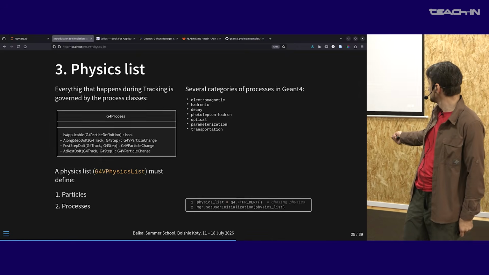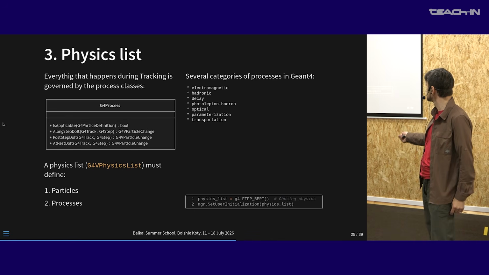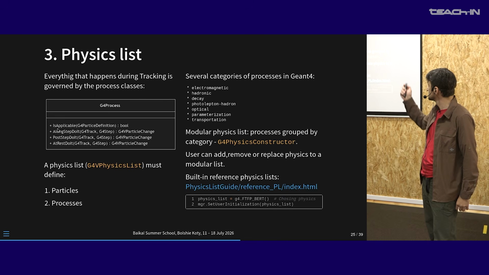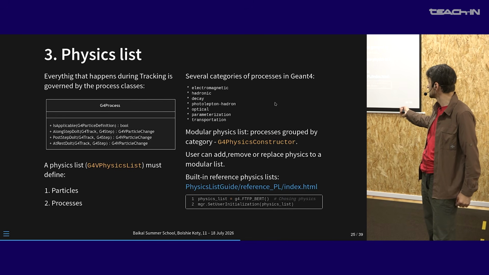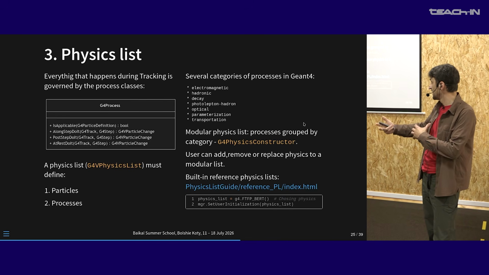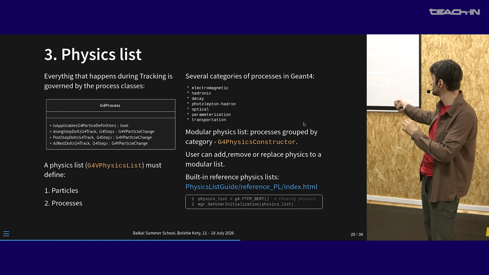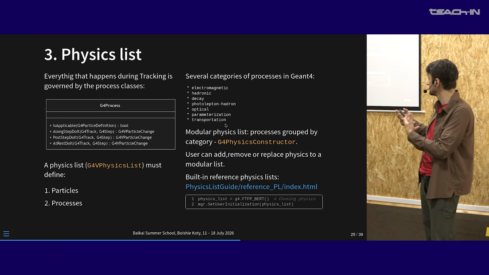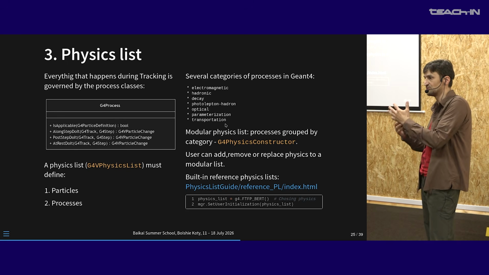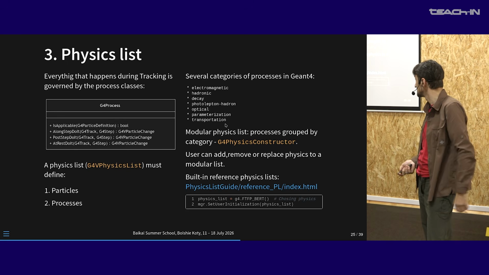So here we use one of the standard physics lists. There is also the modular physics list, which has processes grouped by these groups, and you can add, remove, modify, or replace a group of these processes.